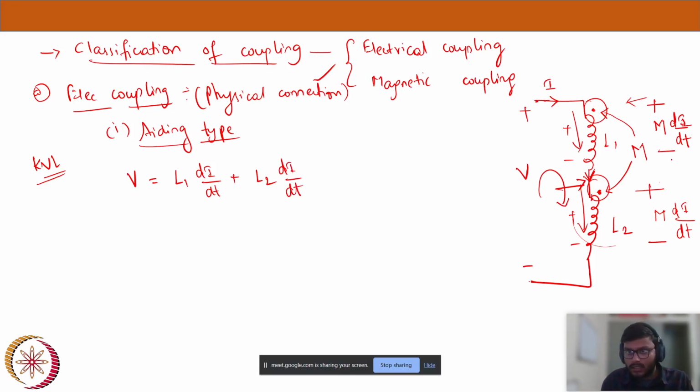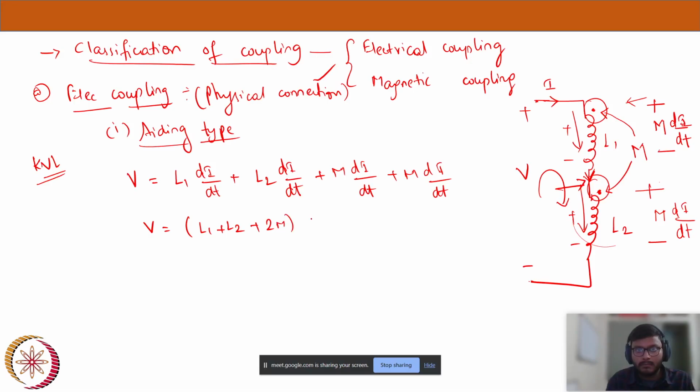Now plus M di by dt, plus M di by dt. Now I'm taking di by dt common. That's the common term, right? L1 plus L2 plus 2M. M and M are the same, and di by dt is common. Now it looks like the equivalent inductance, because if you look from this side, this is L equivalent.